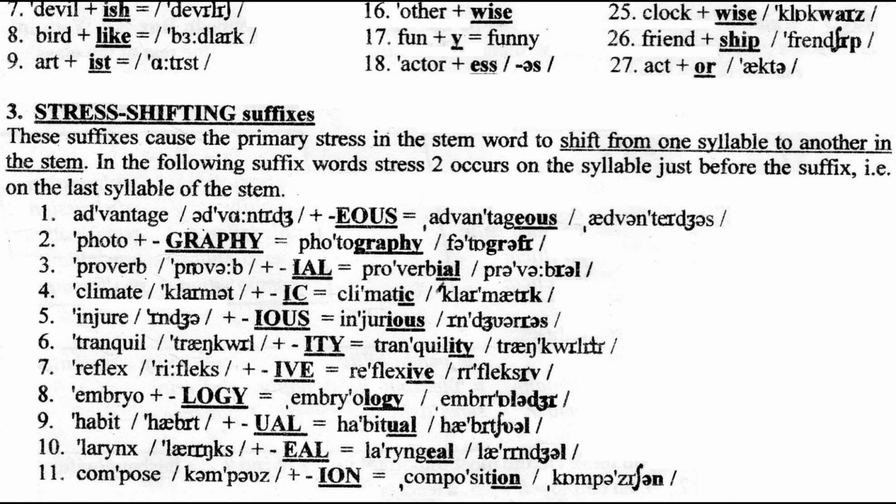We practice together, but before we practice, I want you to notice two things. You notice how the stress has moved or has shifted from one syllable to another in the stem, and the second thing, you will notice a change in vowel quality.